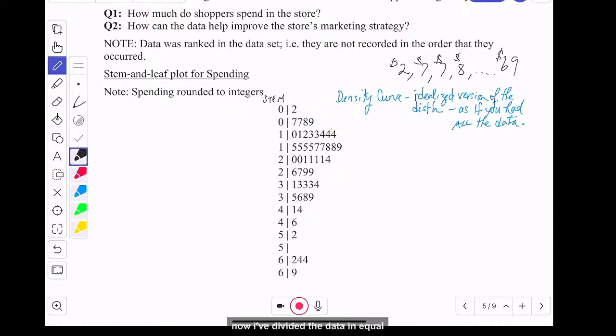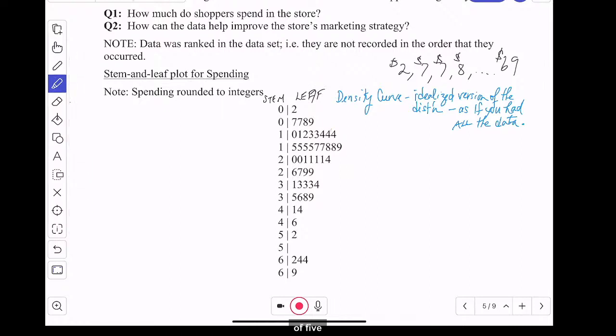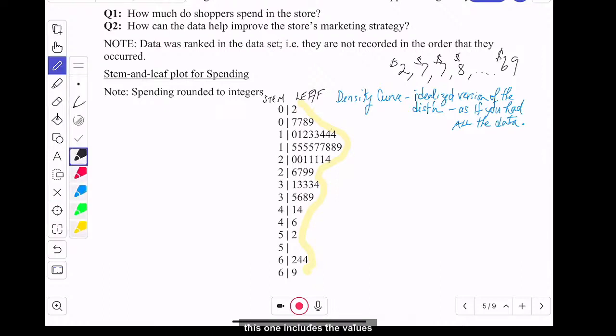Now I've divided the data in equal intervals of 5. Okay, I like the 3 groups. So these are equal intervals, and this one includes the values from 0 to 4.